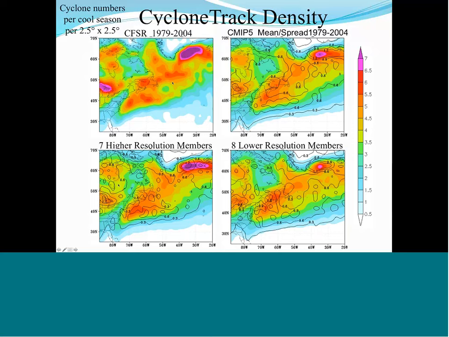You can see the higher resolution members have a somewhat more realistic storm track in the Western Atlantic, extending a little bit more zonally. The lower resolution members tend to have that maximum too close to the coast, sort of hugging the coast more, which suggests these members aren't properly resolving the sea surface temperature gradients associated with the Gulf Stream and baroclinic development in that region.